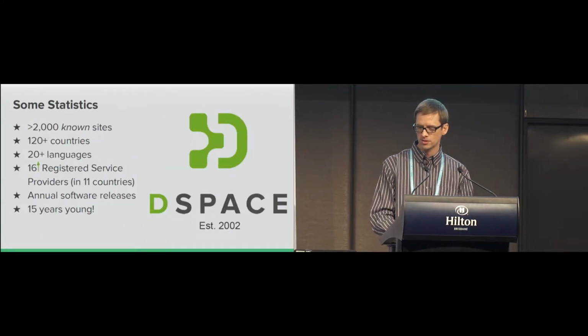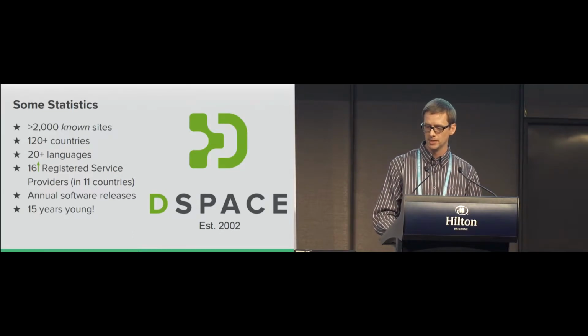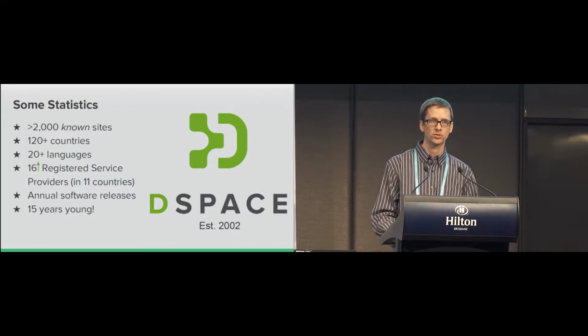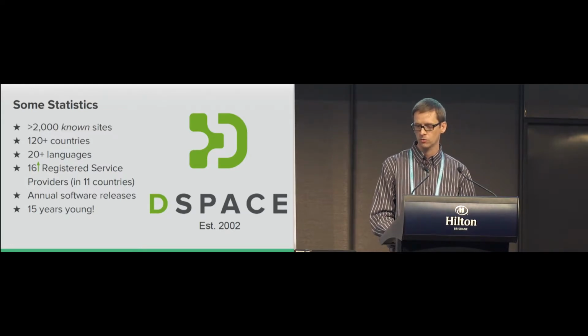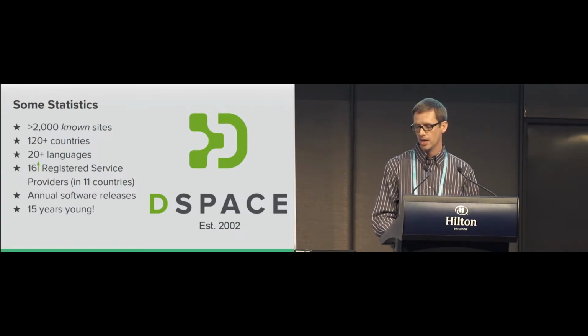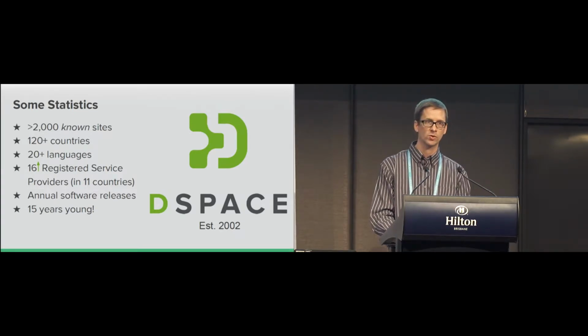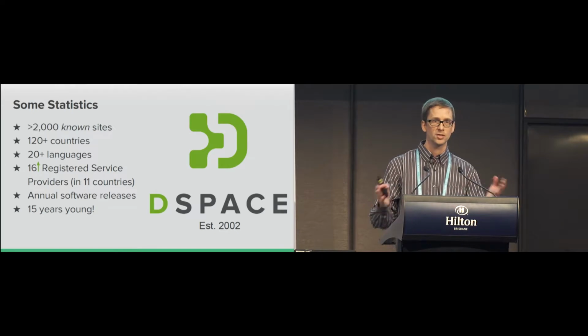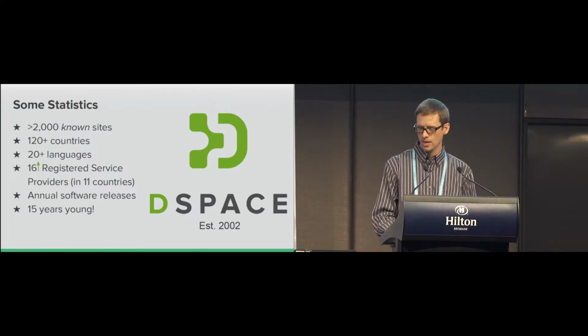Here are some statistics about DSpace. We're still the largest open source or proprietary repository system worldwide. Over 2,000 known sites, 120 countries, translated in over 20 languages. We're now up to 16 registered service providers distributed pretty diversely worldwide, and that grows on a regular basis.